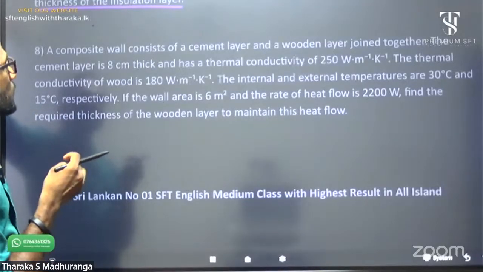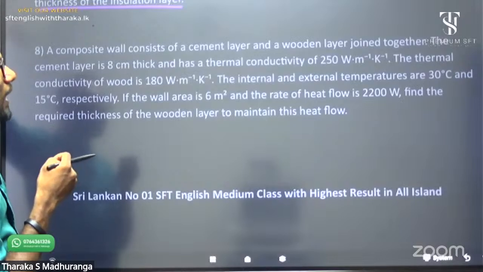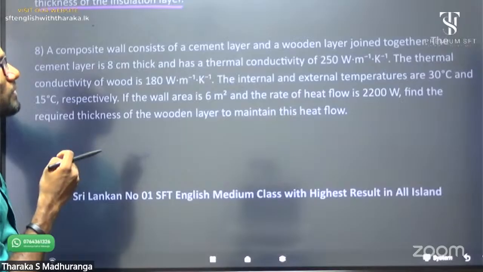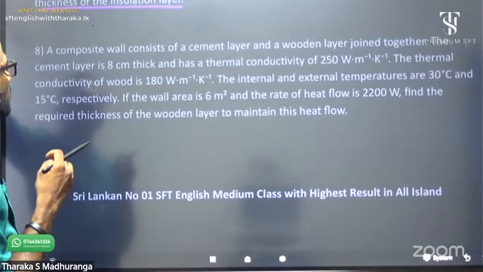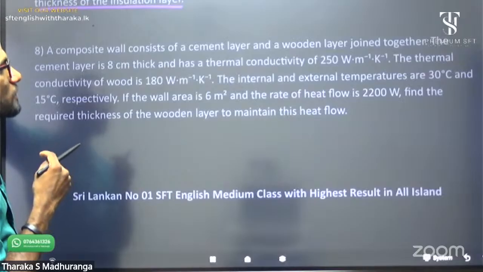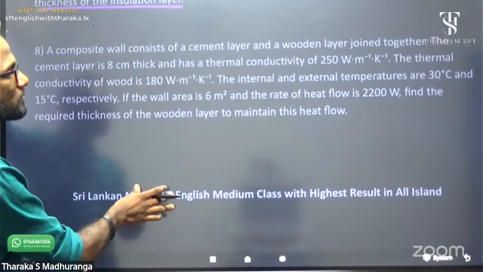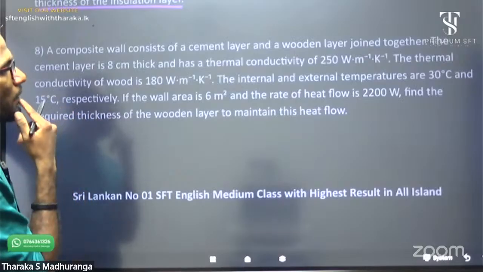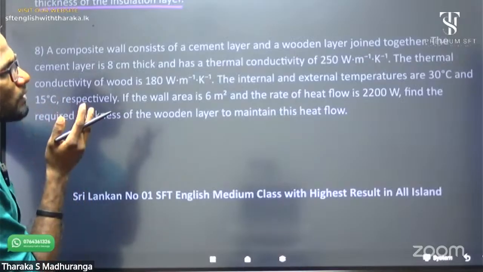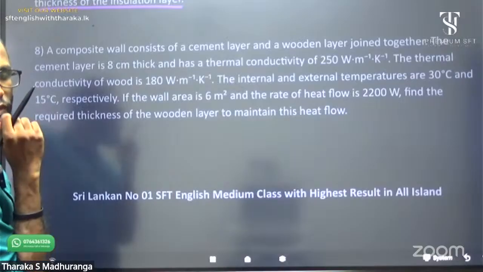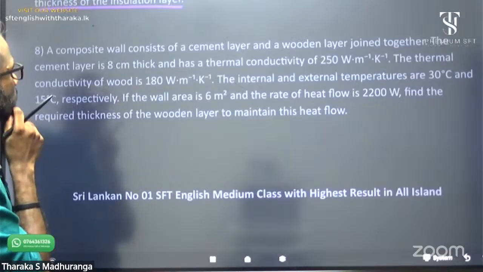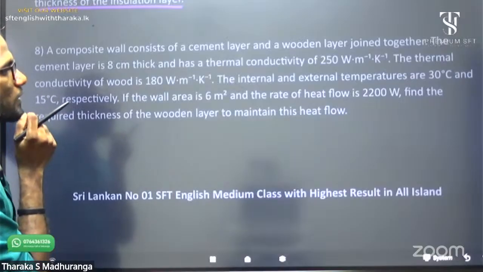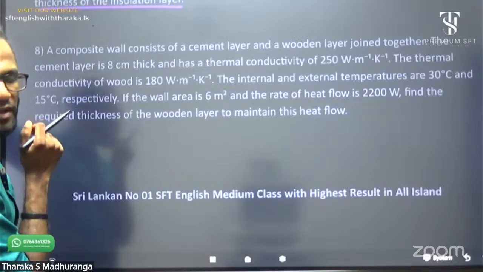The thermal conductivity of wood is 180 and the internal and external temperatures are 30 and 15 Celsius respectively. If the wall area is 6 square meter, the rate of heat flow is 2200 watt. Find the required thickness of the wooden layer to maintain this heat flow. Same type of question.